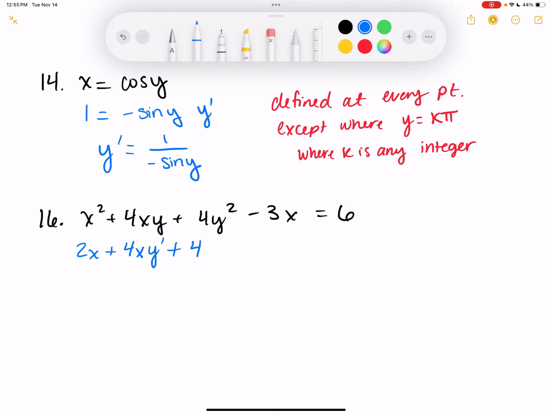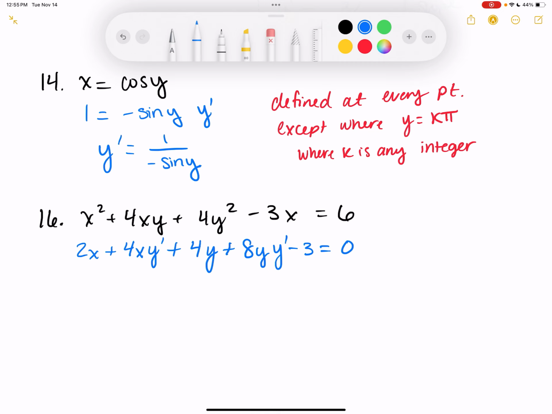Then 4y squared: when we take the derivative, we put the 2 out front, take 1 away, and also multiply by y prime, so 8y y prime. And then minus 3 equals 0. Beautiful.